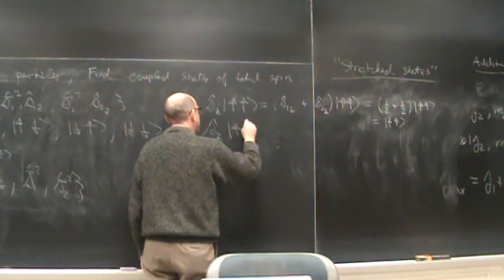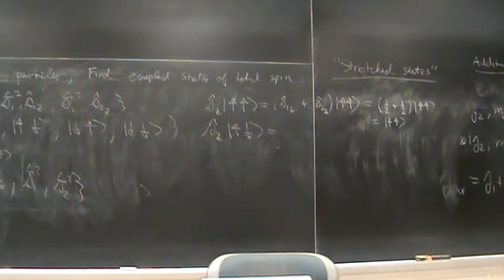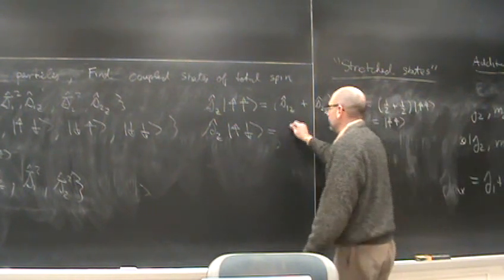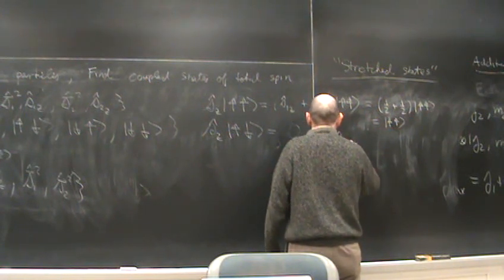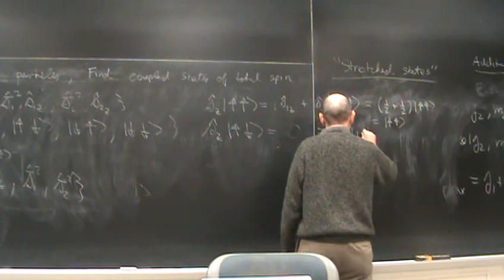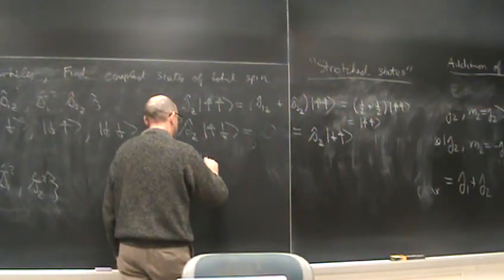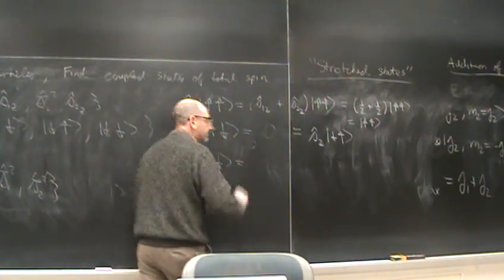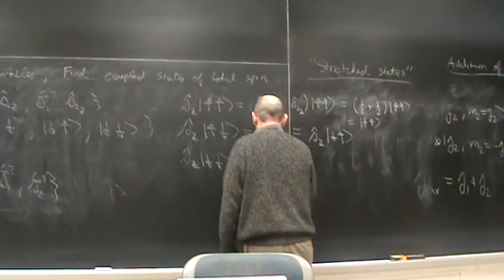What is this? Zero, right? This is the sum of the m's. In this case, they're opposite. It's 0. Similarly, for this acting on down, up. And for down, down, minus 1. Minus 1. Thank you. Times the state.